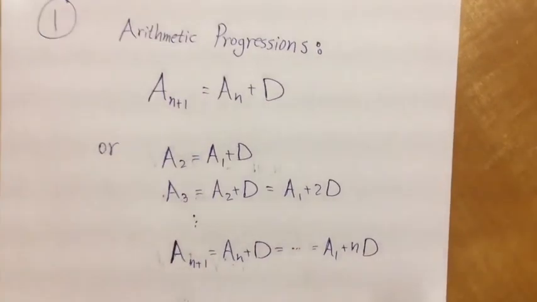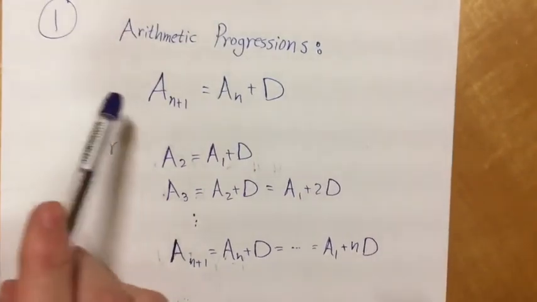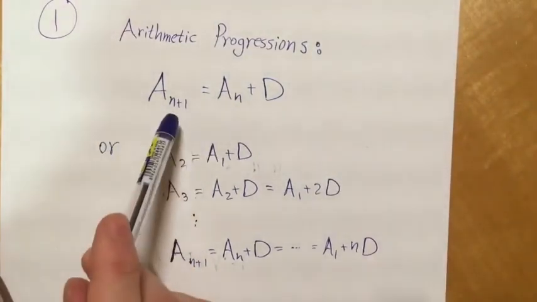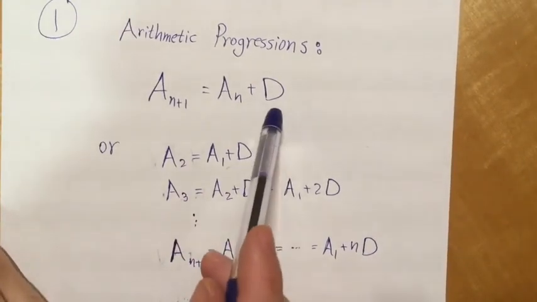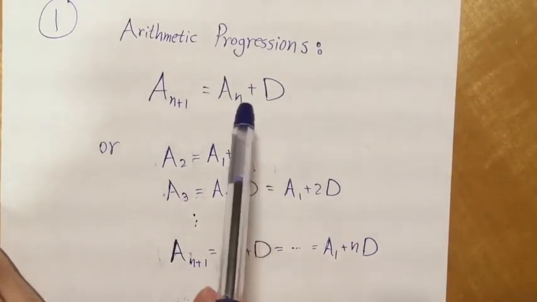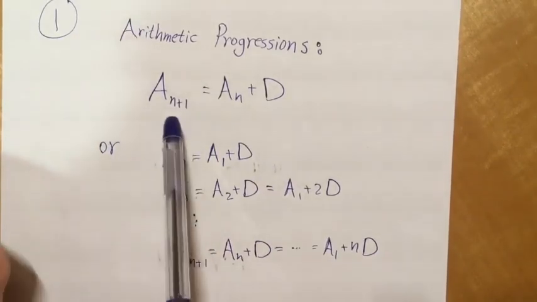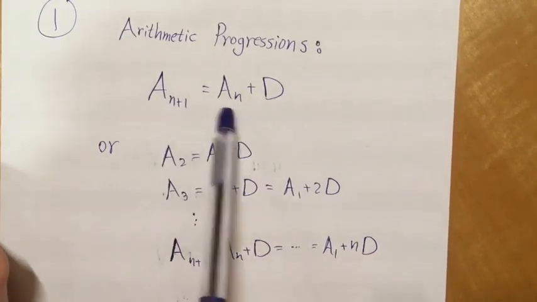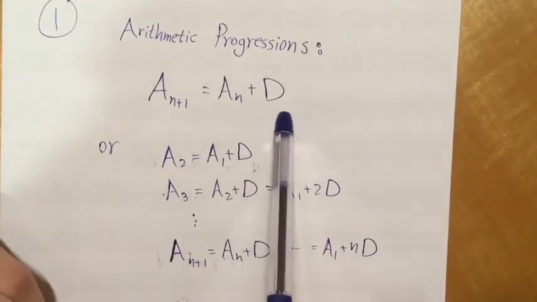Next, we move to the definition of arithmetic progressions. So an arithmetic progression is a sequence such that there is a constant d, a positive integer, such that the value of the term An+1, the next term, is always equal to the value of the term itself, An, plus the constant d.